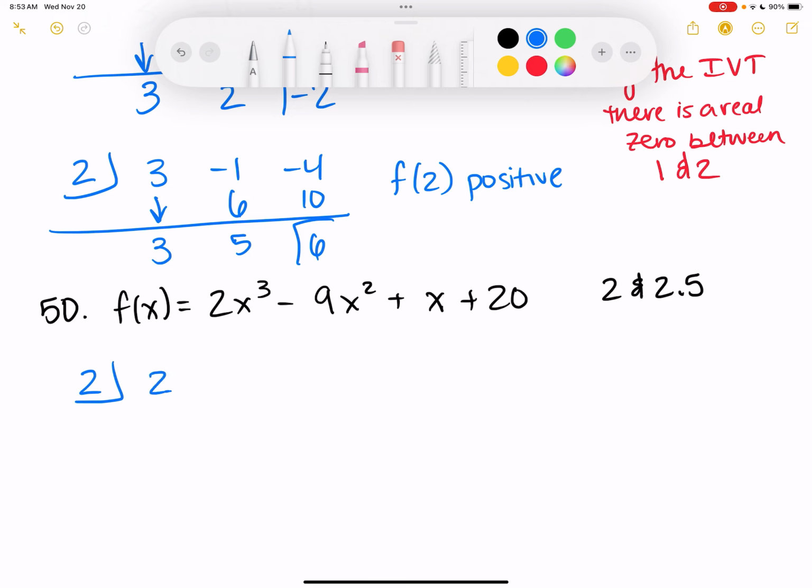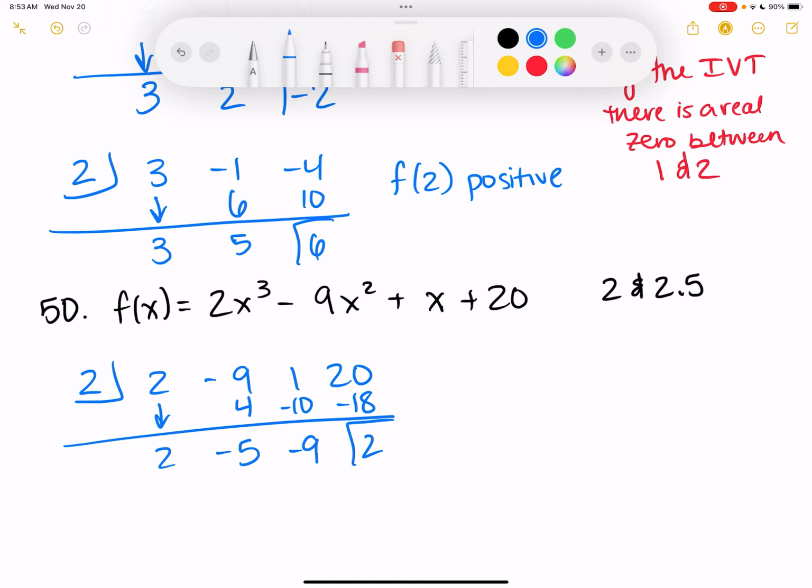So I've got 2, negative 9, 1, and 20. Bring down the 2. Times 2 is 4. Minus 9 is negative 5. Times 2 is negative 10. Plus 1 is negative 9. Times 2 is negative 18. Plus 20 is 2. So this one is positive, so I would say f of 2 is positive. If you even want to just do symbols like that and show that it's positive that way without writing out the word, totally fine.